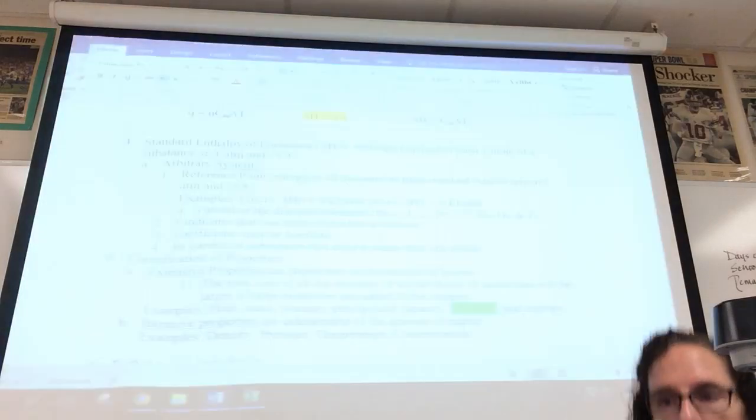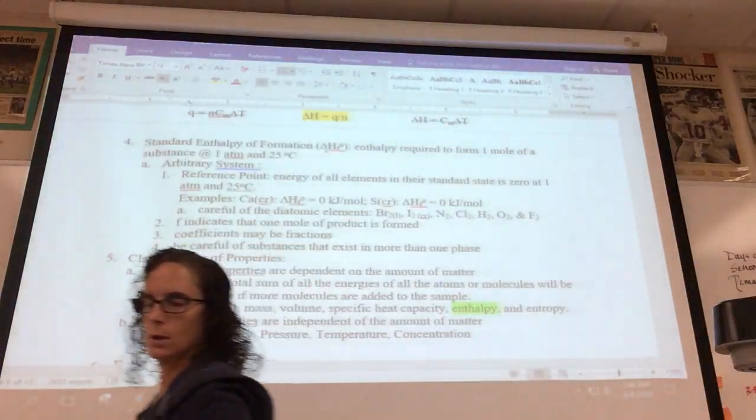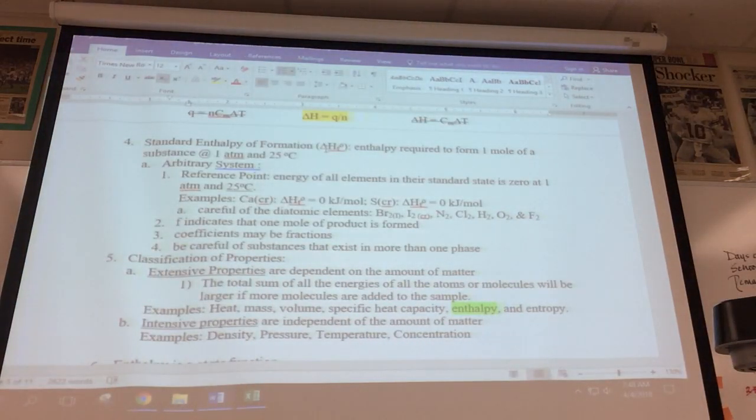The reference point, the point at which everything begins, is for elements in their standard state or diatomic elements in their standard state. And you will see that their delta H of formation is always 0 kilojoules per mole. So calcium, sulfur, and Cr there indicates the state of matter.